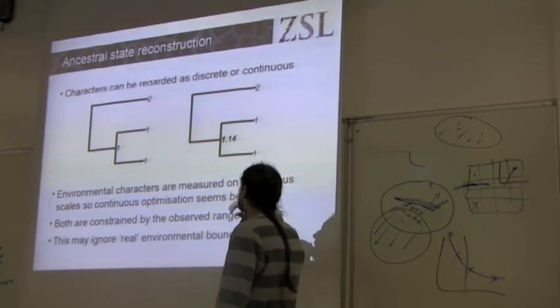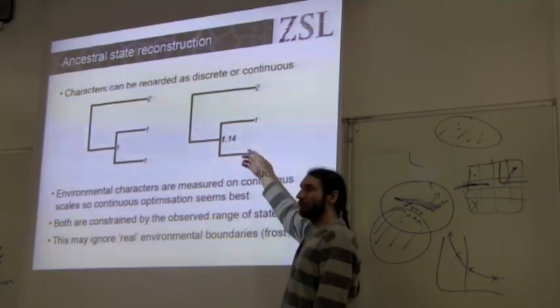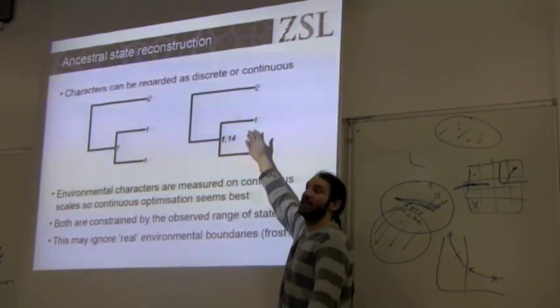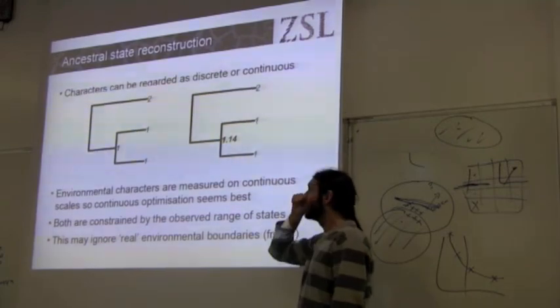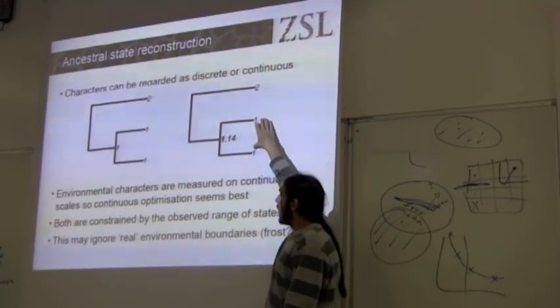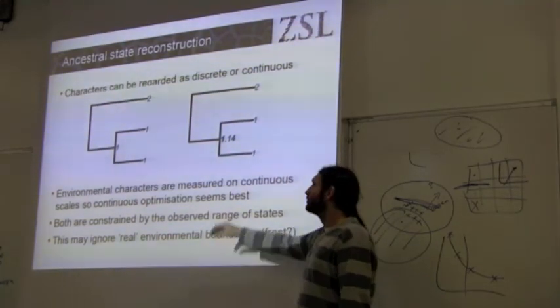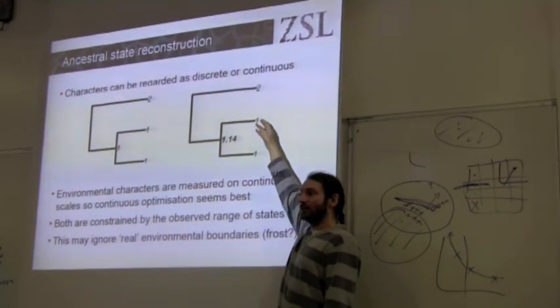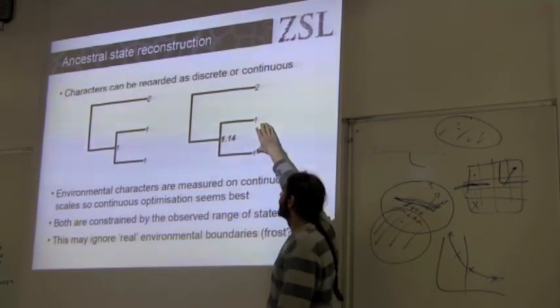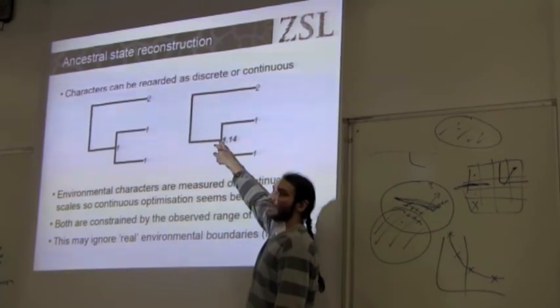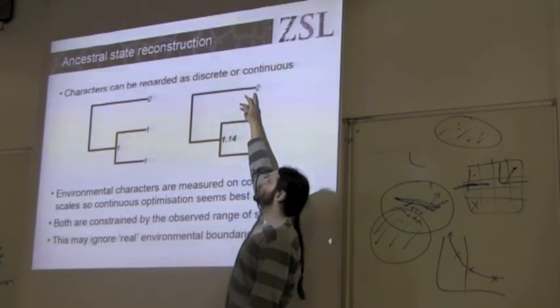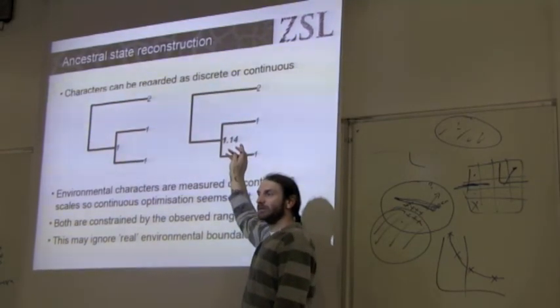Okay? Now, the thing that we notice about this kind of reconstruction, here we're reconstructing, say, temperature preference. Our ancestral states are constrained by the observed values. If we're saying, what's the ancestral state here? It's always going to be somewhere between 2 and 1. Okay?